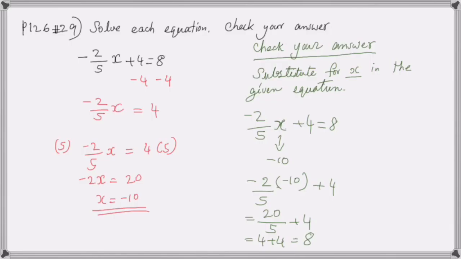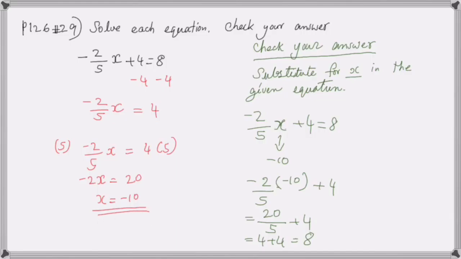Now to the second part of the equation, which is checking your answer. Here's your original equation. You write that down, and we found out that the value of x is -10.